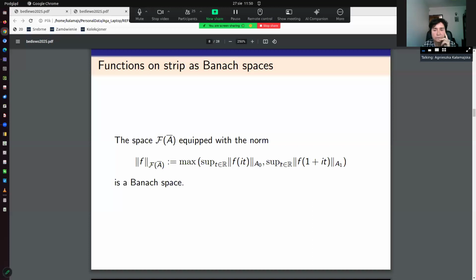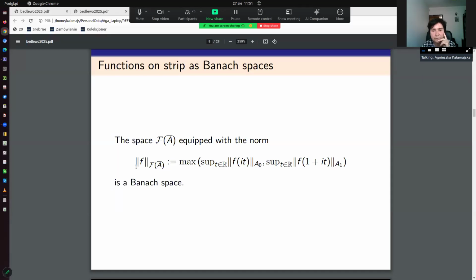I also can take the supremum of all values of F on the right-hand side of the strip in the space A1. Then I take the maximum of those two quantities, and that gives me the norm.